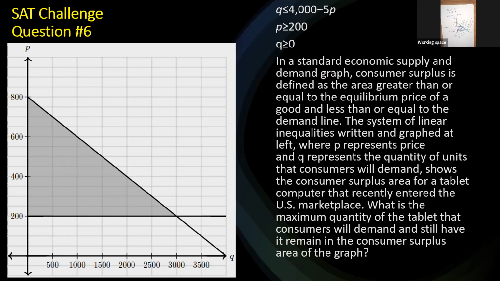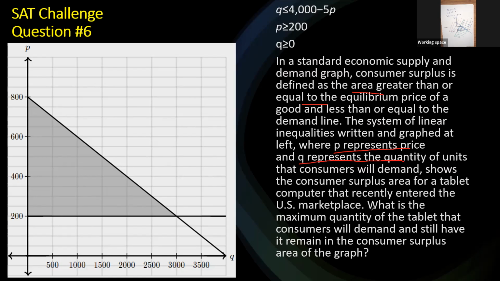And then they are saying that there is some intersection happening and there is something called as consumer surplus, which is defined as area greater than or equal to equilibrium price of a good and less than or equal to demand line. The system of linear inequality is written and graphed at left, where P represents price, Q represents quantity, and they have shown the consumer surplus area of tablet consumer.